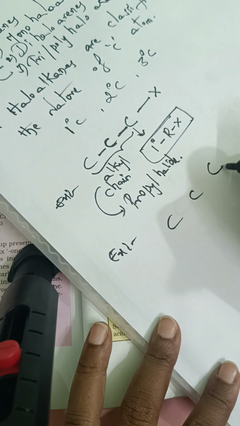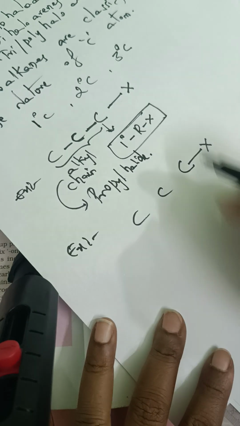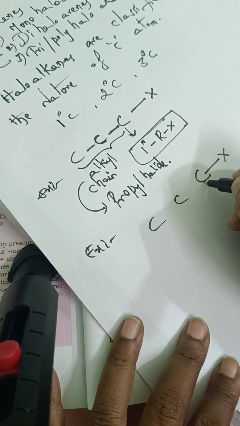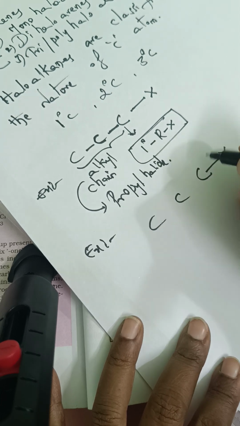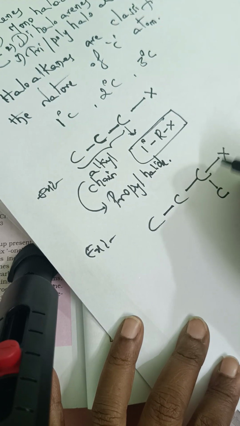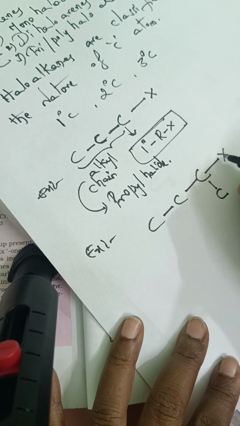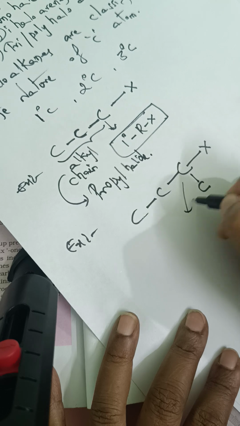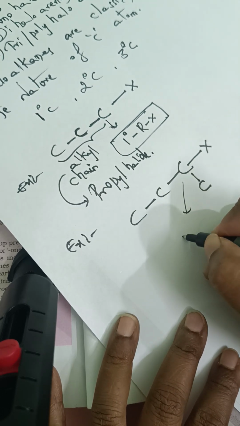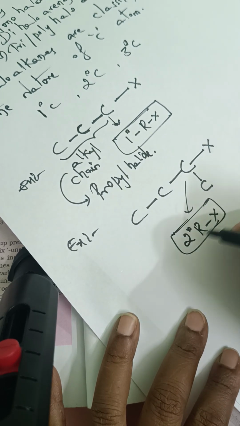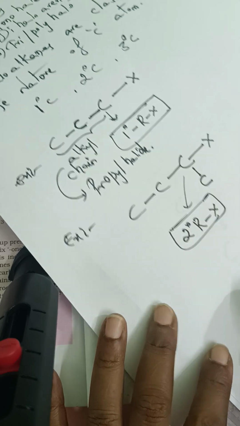See here, again I am bonding the halogen atom. This carbon, if it is possessing only one carbon, it is primary. If it is attached to one more carbon, the carbon which is directly bonded to halogen atom must possess two directly connected carbon atoms. This carbon atom will be said as secondary alkyl halide.